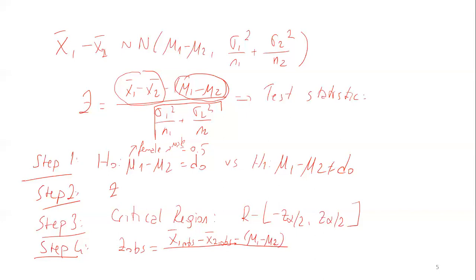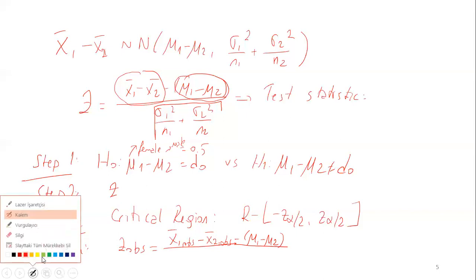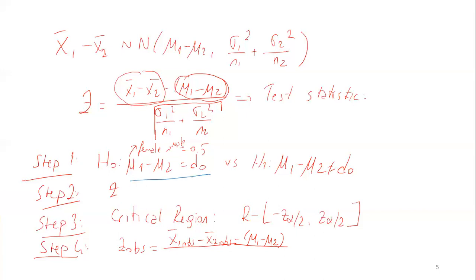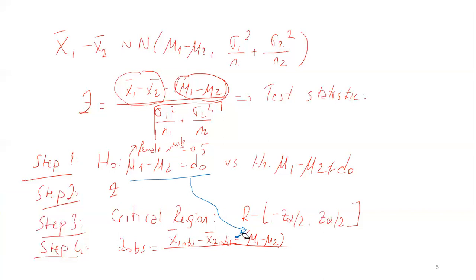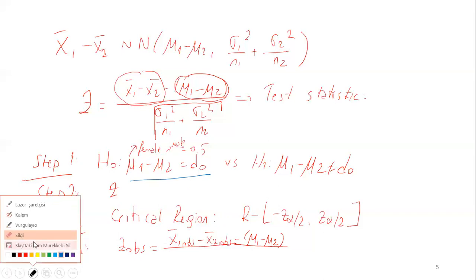But what is mu1 minus mu2? It just comes from the null hypothesis. Remember, we assume that the null hypothesis is true. This is the basic thing when making a hypothesis test. So mu1 minus mu2 is in fact d0.